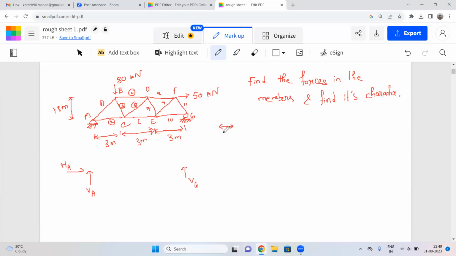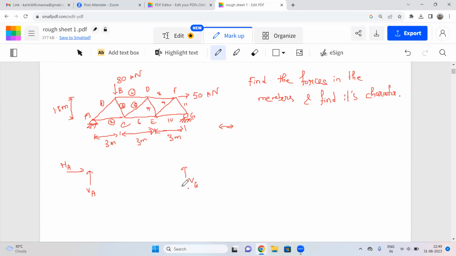A was a pin support, so at that point it can resist both horizontal and vertical movement. So these three are our initial unknowns.